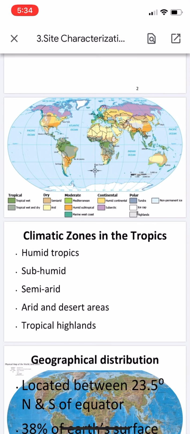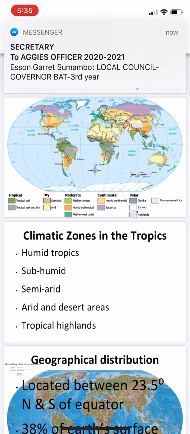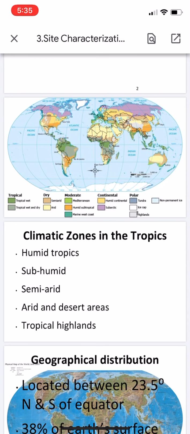So to continue, we also have the moderate, the Mediterranean, which is the yellow-green color, the humid subtropical, which is the orange color, and the marine west coast, which is represented by aqua green color or aqua blue, and the humid continental, which is yellow, and the subarctic, which is this one, the purple color, which is way beyond the north of the equator on the north pole.